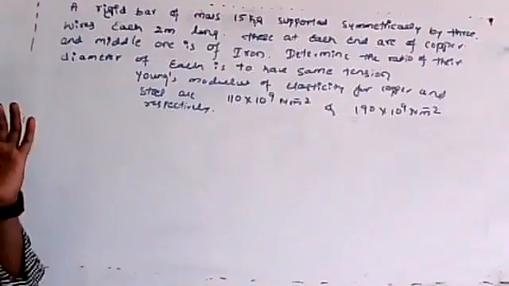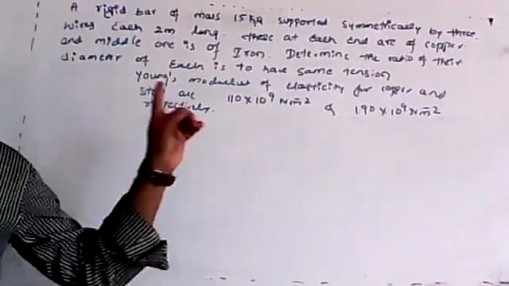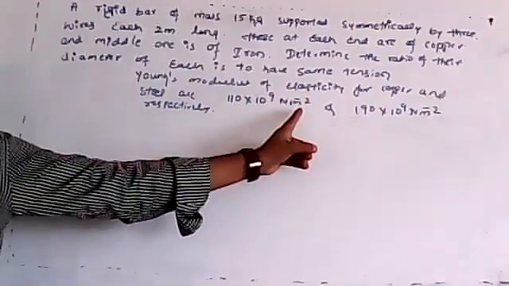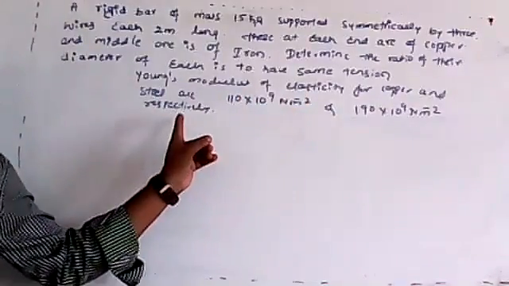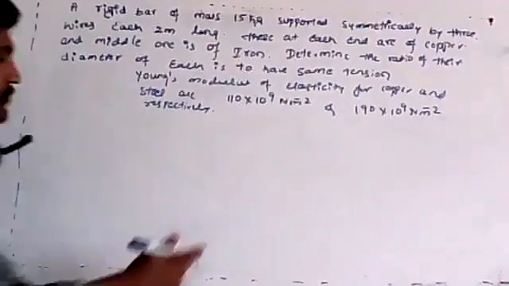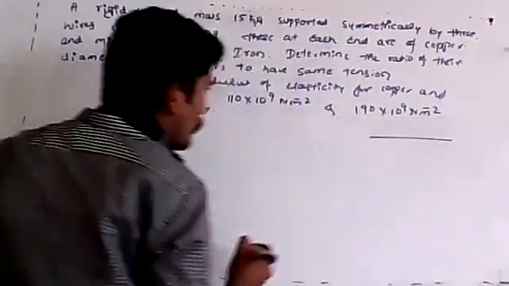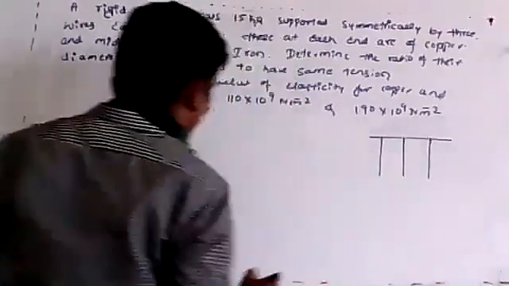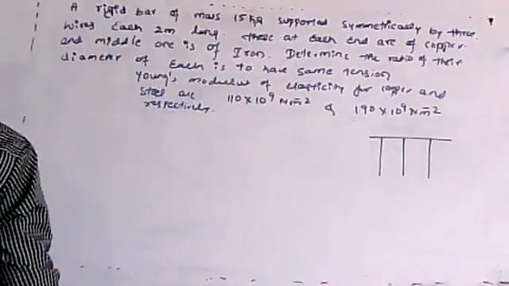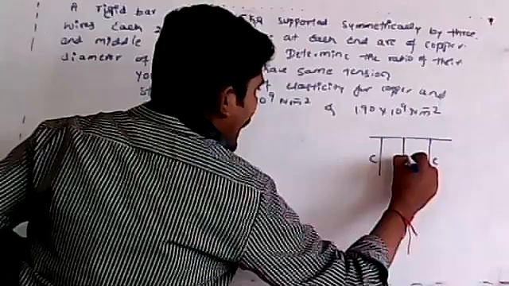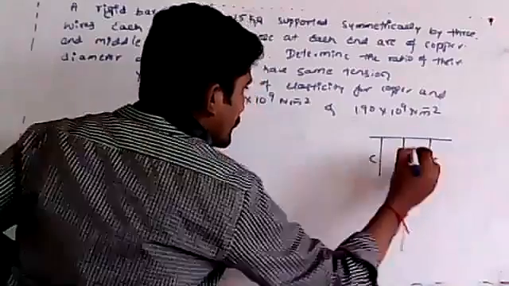A rigid bar of mass 15 kg is supported symmetrically by 3 wires, each 2 meter long. These at each end are copper and the middle one is iron. So 3 wires are there; each end one is copper and the middle one is iron.